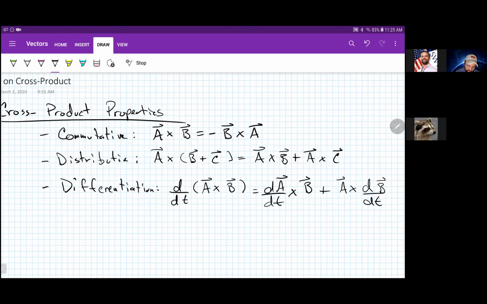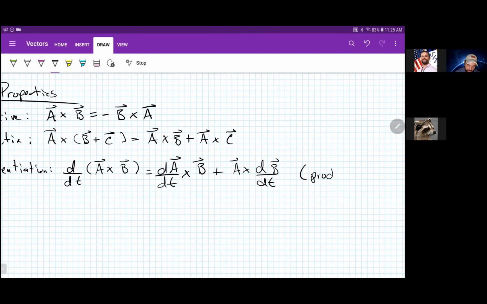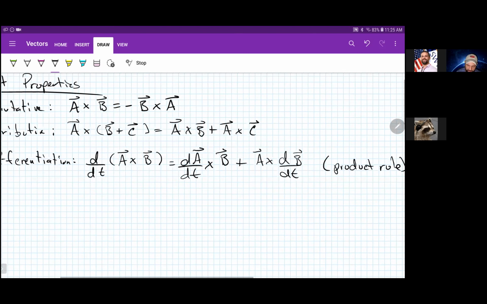Right, so we would use the product rule. The word product wouldn't come to mind earlier.